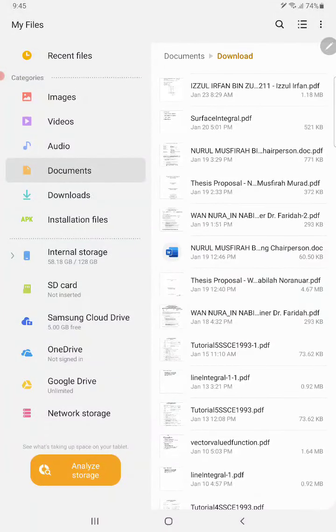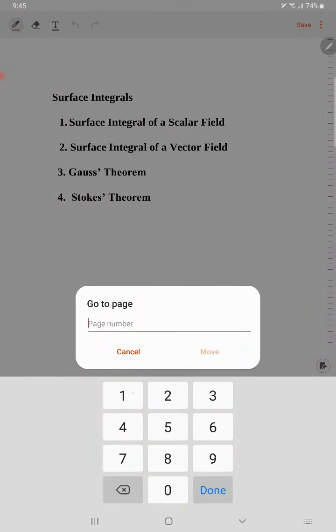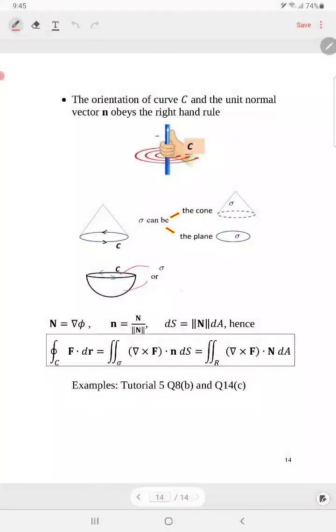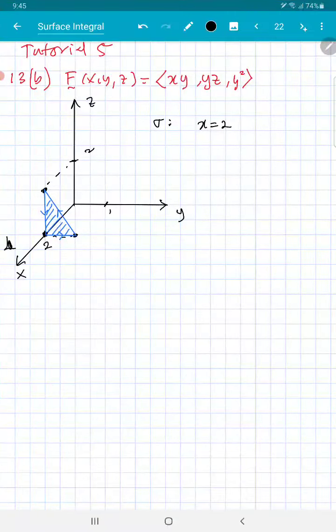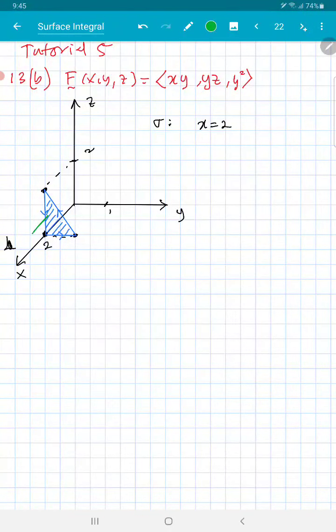The right hand rule says the normal vector to the open surface and the orientation of the closed curve obey the right hand rule. Since the direction of the closed curve is given, using your right hand rule you can see that the normal vector is this way, pointing towards you.